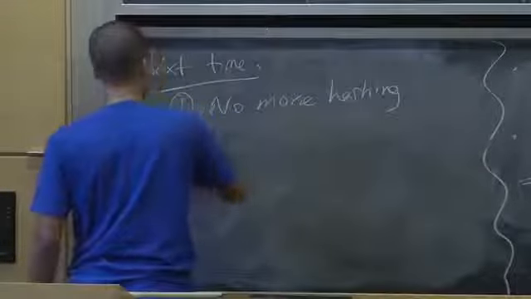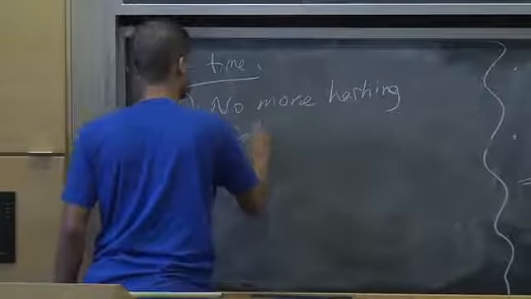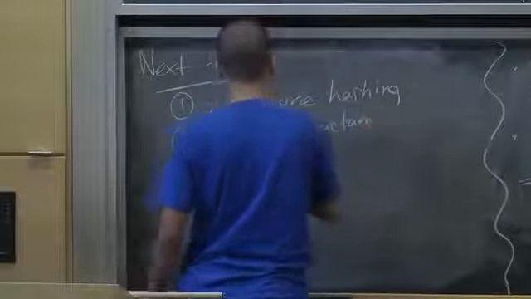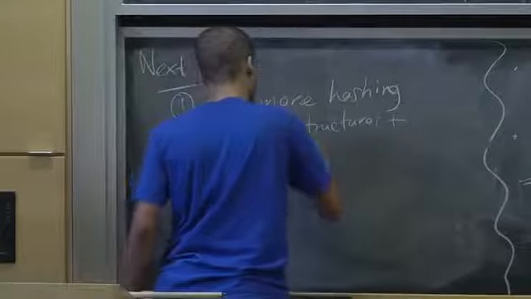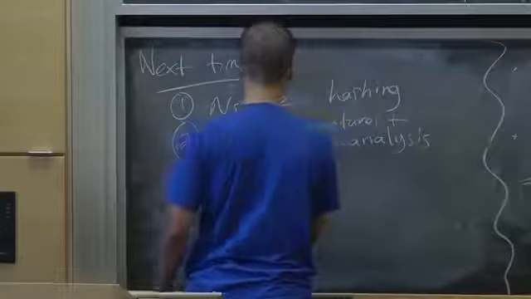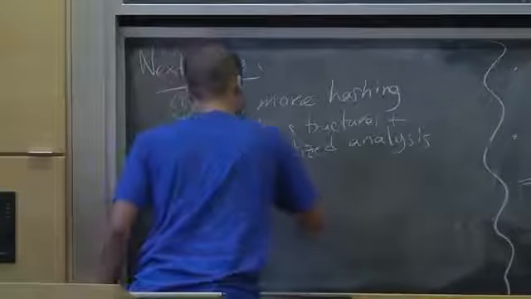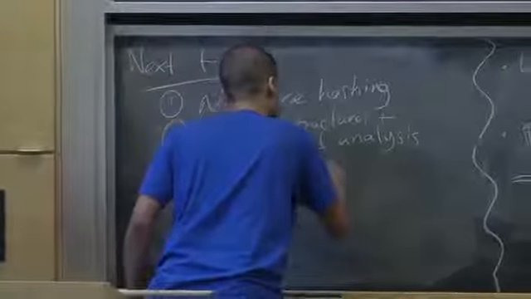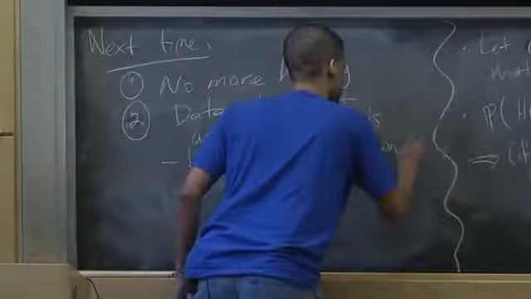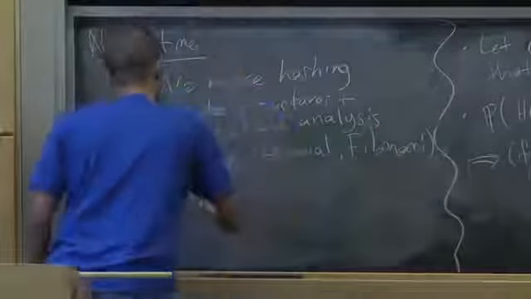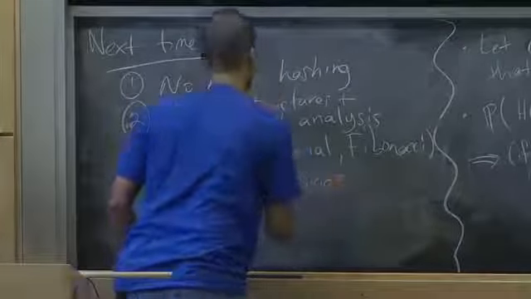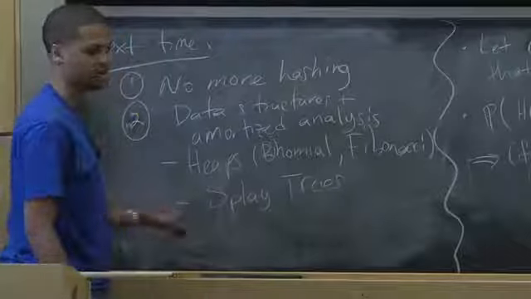Next, we'll look at data structures and amortized analysis. We'll look at heaps, so binomial heaps, as well as Fibonacci heaps. And we'll look at, for example, splay trees. So we'll probably see heaps on Thursday and splay trees next week.